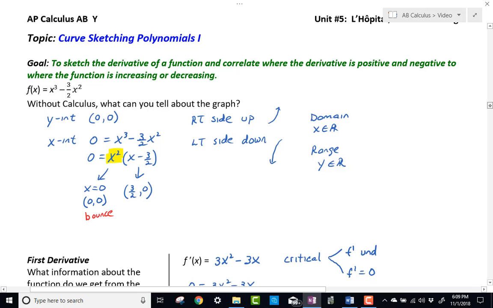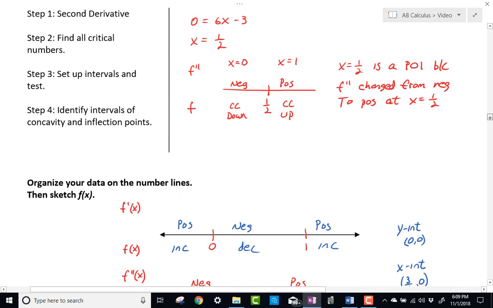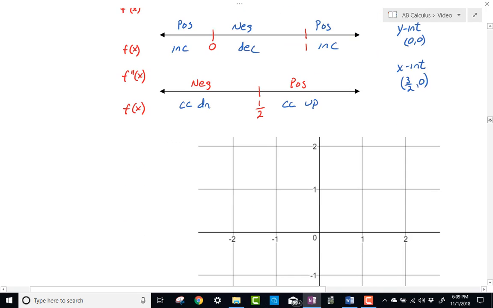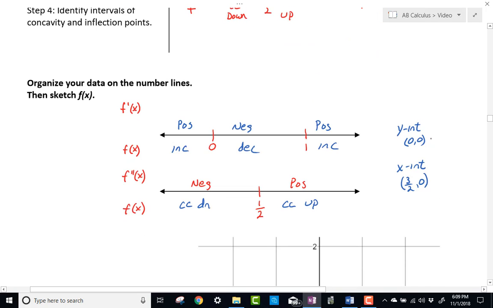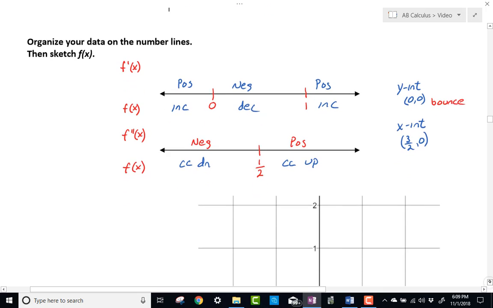All right, so that might be helpful to know as well. So at 0, 0, which is our y-intercept and one of our x-intercepts, I believe we should have a bounce right there. Okay? All right.